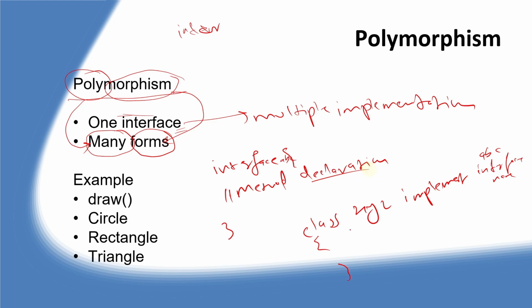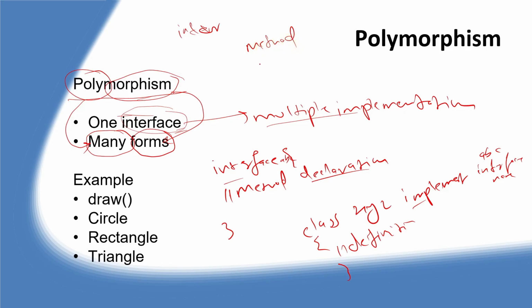In the class we need to define the method definitions. So don't worry much about interfaces. I will take a separate lecture for this, but for now understand it this way: there is one interface and multiple implementations.